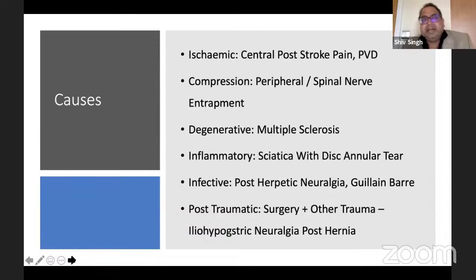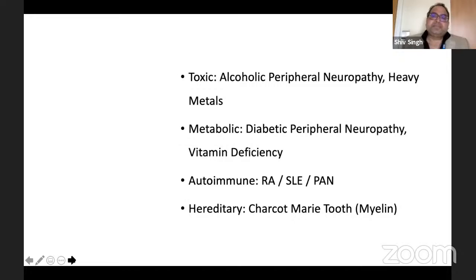It can happen because of an inflammatory process, where there is sciatica because of an annular disc tear and some inflammation happening. It can be secondary to infective processes like post-herpetic neuralgia, Guillain-Barré, and it can happen post-traumatically, where there is surgery and trauma, for example ilioinguinal or iliohypogastric neuralgia following hernia surgery. It can happen because of toxic causes, so alcoholic peripheral neuropathy or heavy metal poisoning.